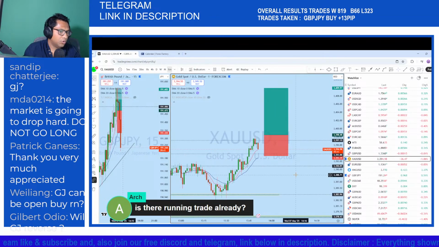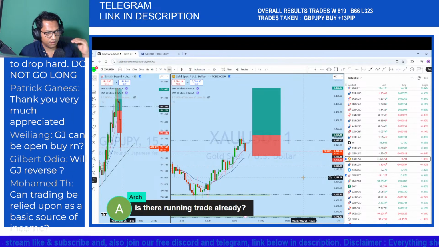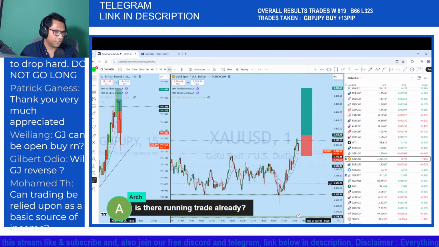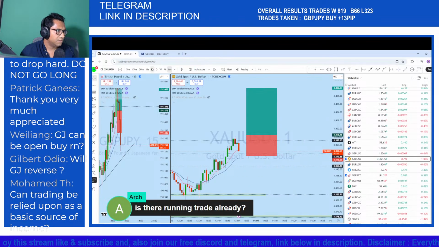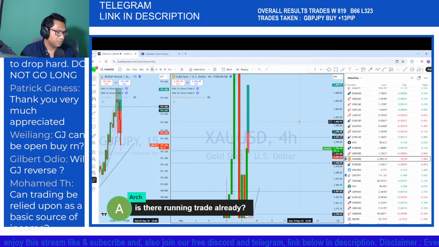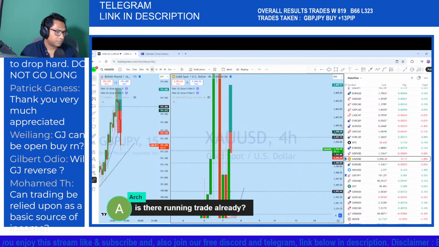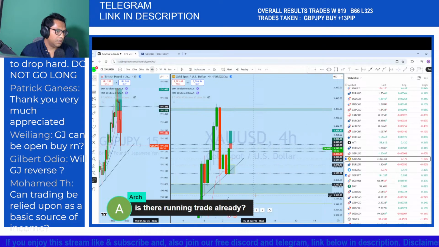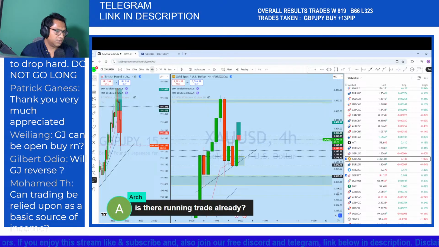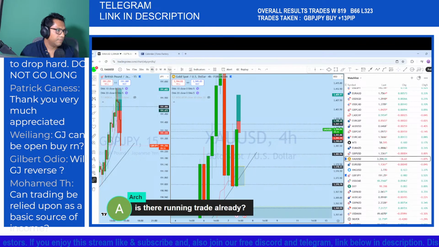After the 4-hour close, if it creates another bullish impulse, in that case we will be in the trade.